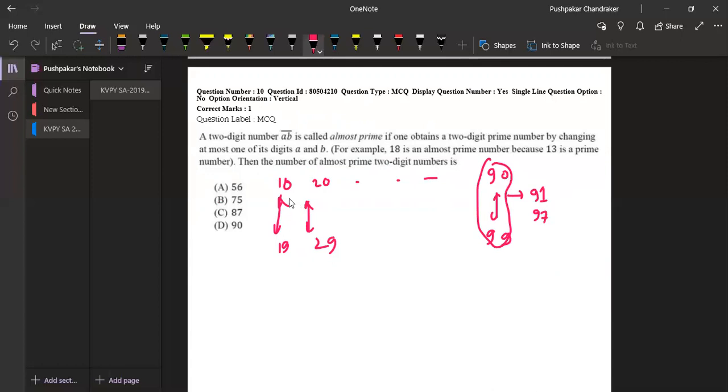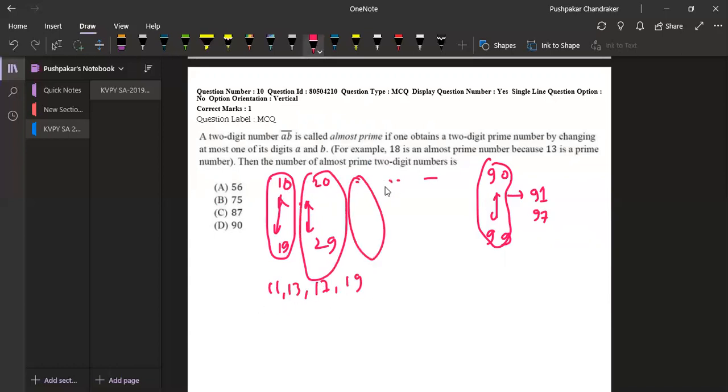Same trick I can apply for all. Like 10 to 19, there are many prime numbers: 11, 13, 17, 19. I can replace any digit of these numbers and make it a prime number, so they are almost prime. In fact, in every series you'll notice they're almost prime, because in every set of 10 numbers there are always one or two primes.